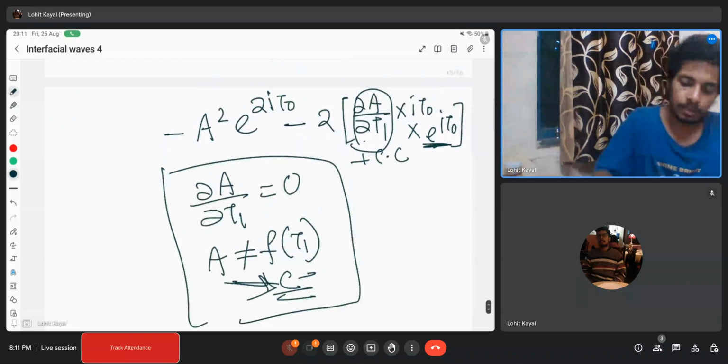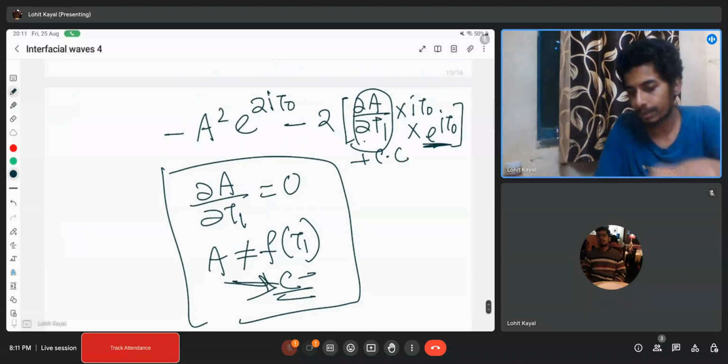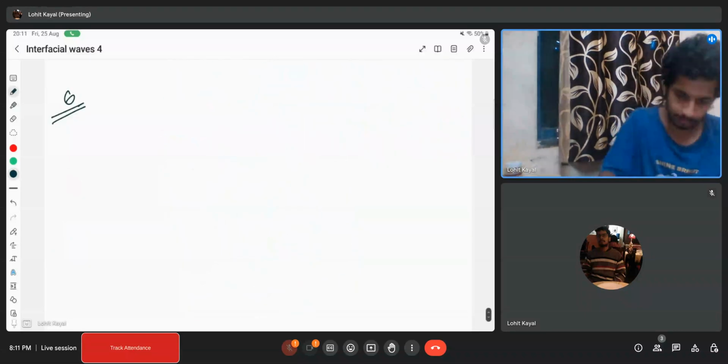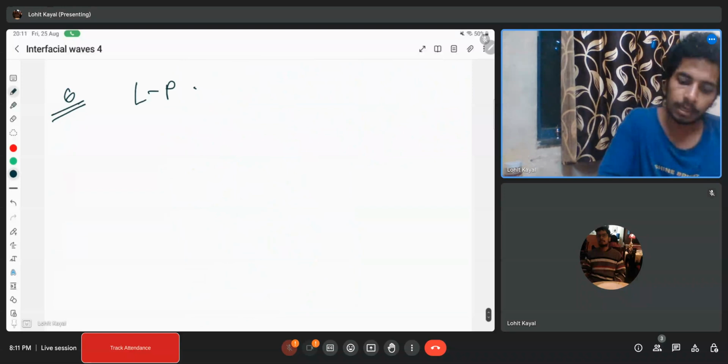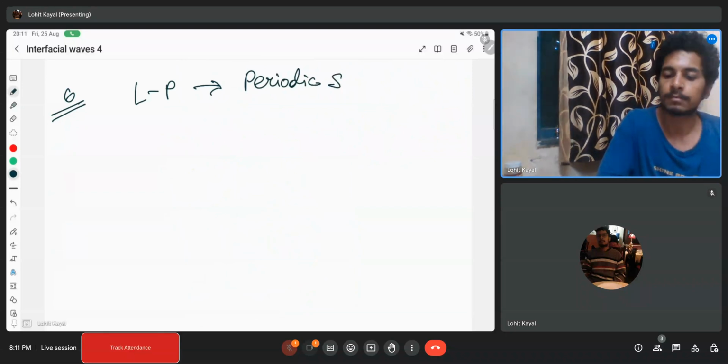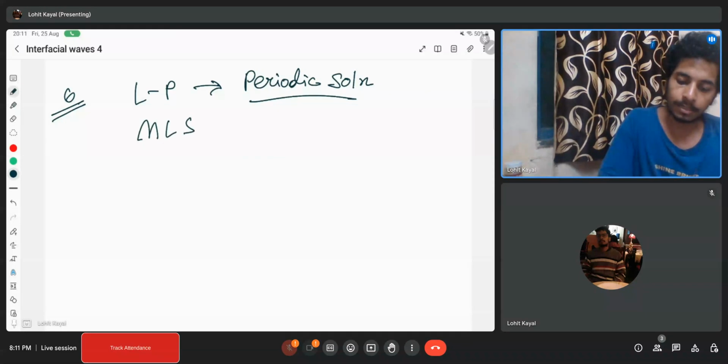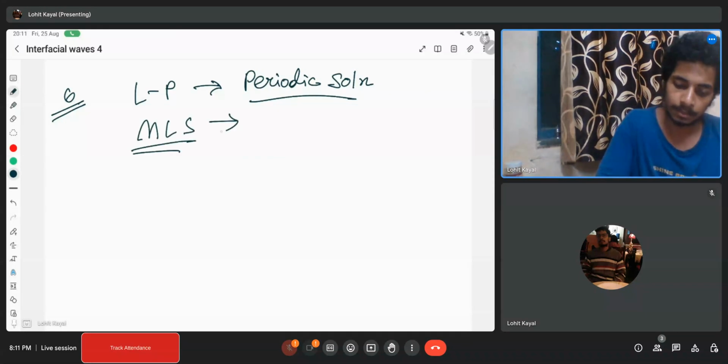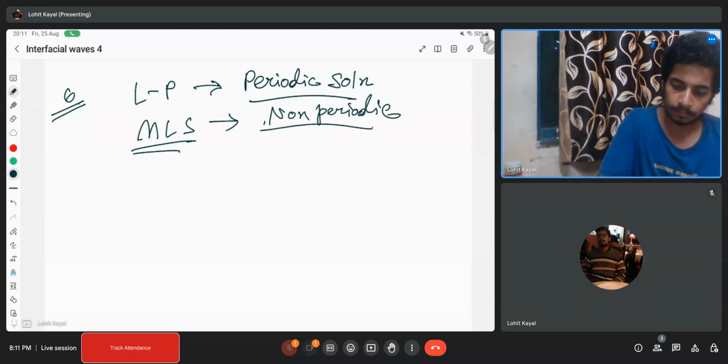So you will see that your Lindstedt Poincare technique essentially solves only the periodic solution. But on the other hand, your multiple scale technique can also solve non-periodic equations.